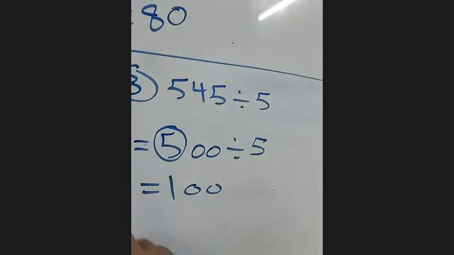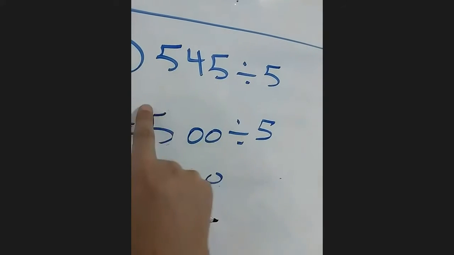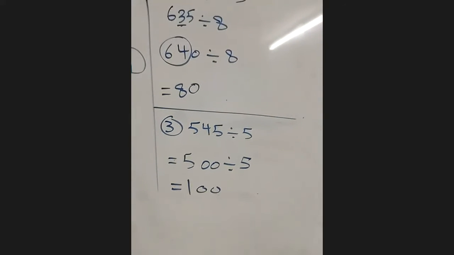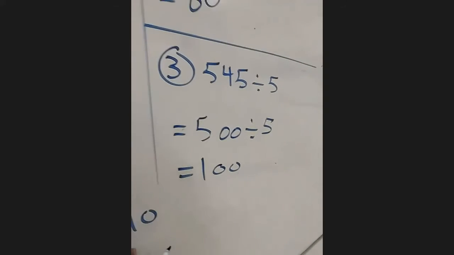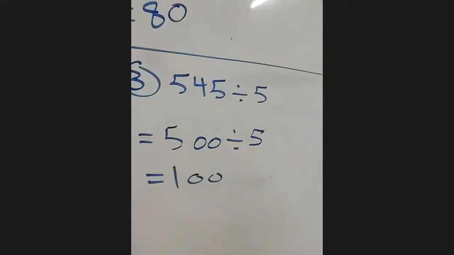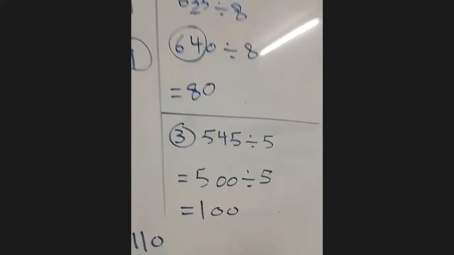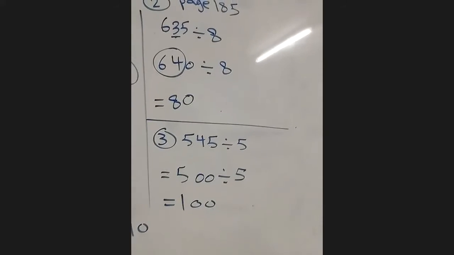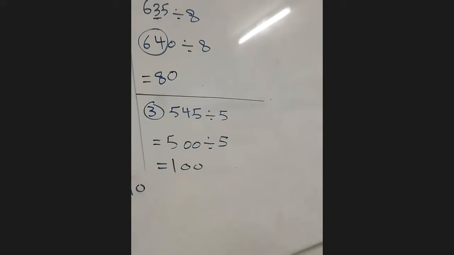We rounded the first digit. If we can round the first digit, guys, do it because it's easier. If you remember, the answer of Abdullah was 110, and our answer is 100, so they are near to each other. So it's okay if you choose the first digit or the second digit. So this is question 3 on page 185, guys. Do it. Thank you, Abdullah.